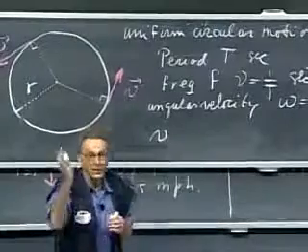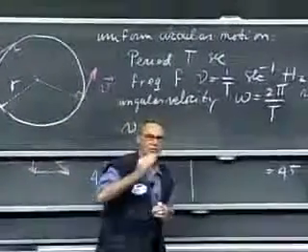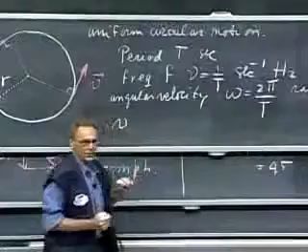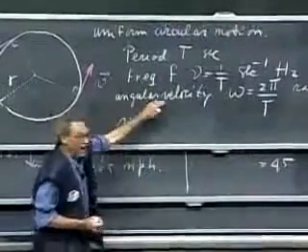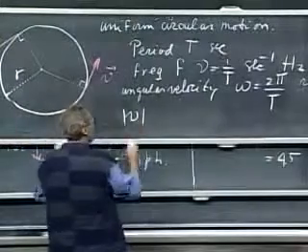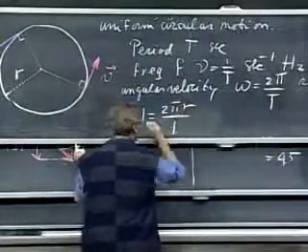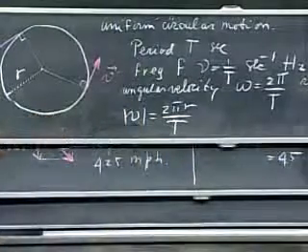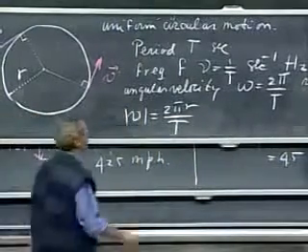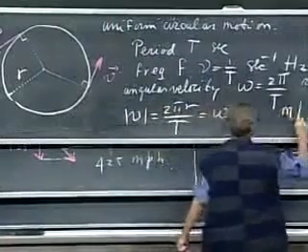How many meters per second is linear as opposed to how many radians per second, which is angular velocity. So this is a linear velocity, this is an angular velocity. And that linear velocity, which in this case is really a speed, is of course the circumference of the circle divided by how many seconds it takes to go around. And that is also omega r. And that is now in meters per second.